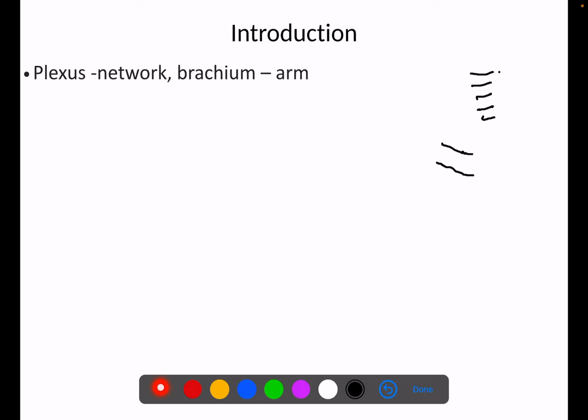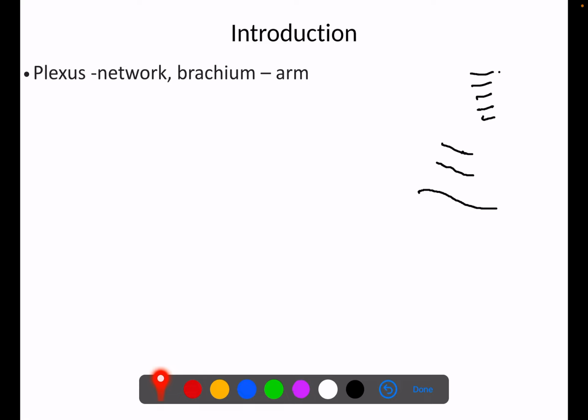This is first rib, this is second rib, and this is the lateral aspect of clavicle. So this part is the anterolateral aspect of the neck, and it is a part of posterior triangle.